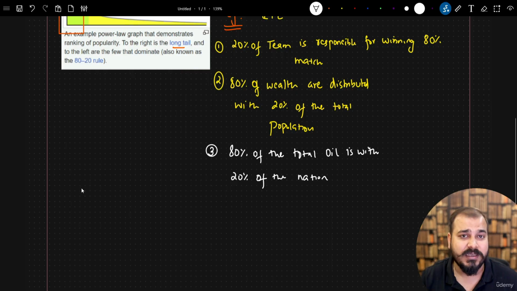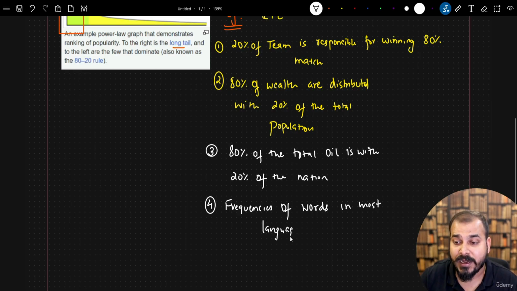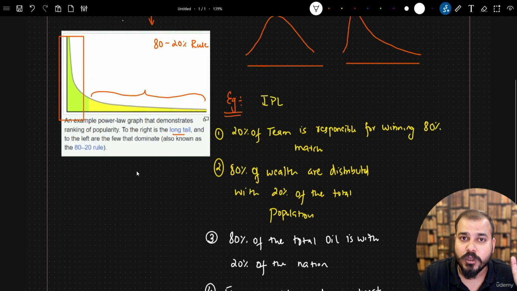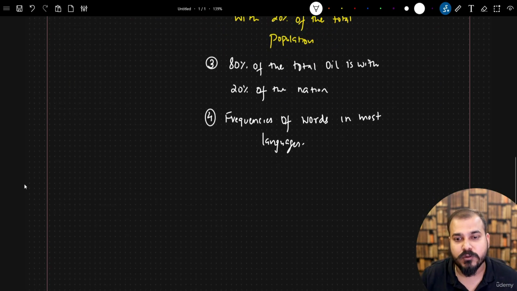If I give you more examples, you'll be able to see it better. The fourth example is the frequencies of words in most languages. This also follows an 80-20% rule. Like this, just think of different examples. What do you think with respect to the 80-20% rule? Let's say in IT companies, what kind of example can we give?